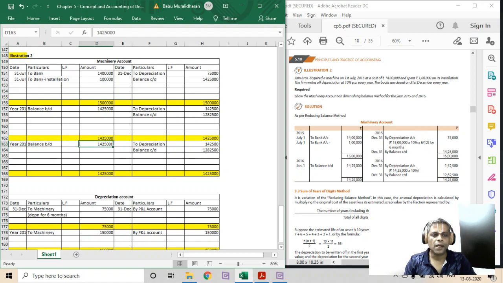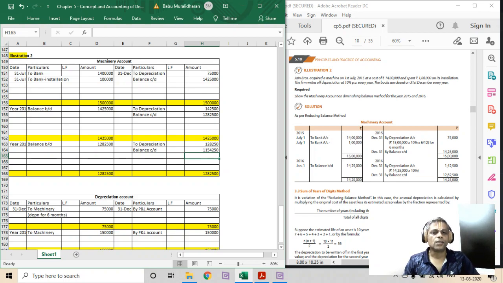Year 2017, balance is 12 lakhs 82,500, and the depreciation will be equal to 12 lakhs 82,500 into 10 percentage. So the depreciation for the third year will be 1,28,250, and the asset value will be 12,82,500 minus 1,28,250. End balance of the asset for the year 3 will be 11,54,250.